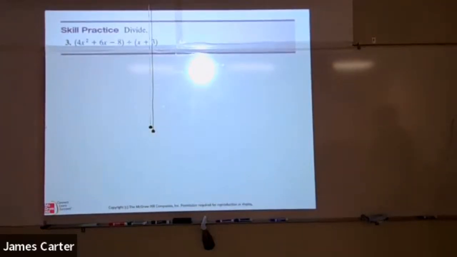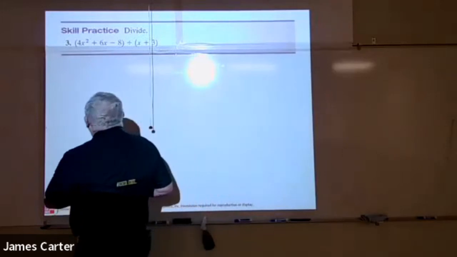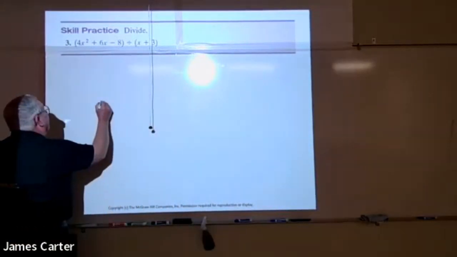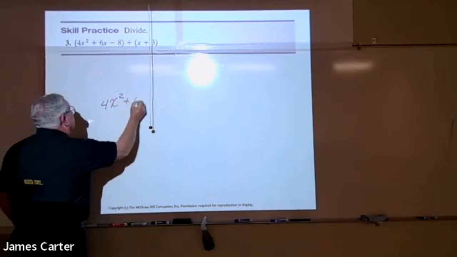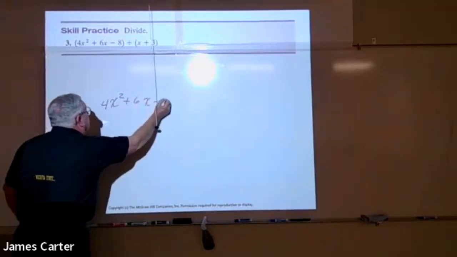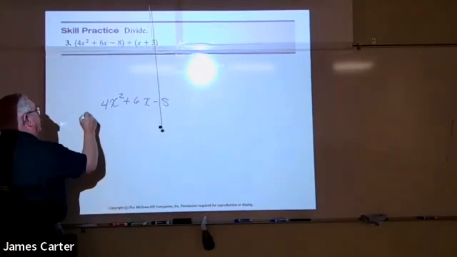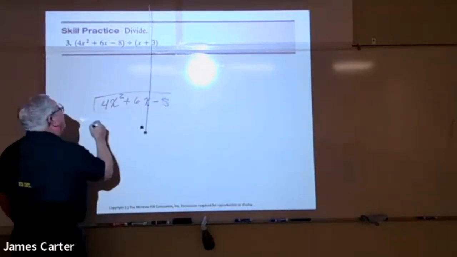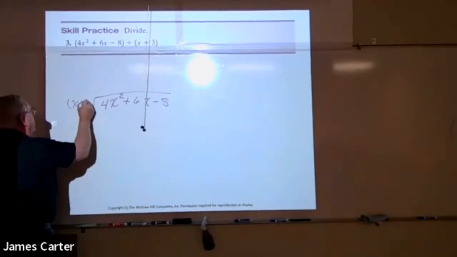Okay, so let's work this one. 4x squared plus 6x minus 8, and I'm going to divide that by x plus 3.